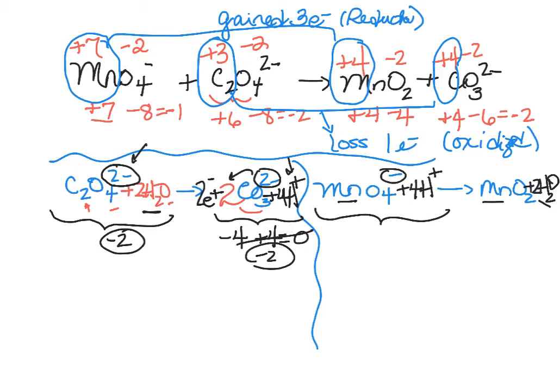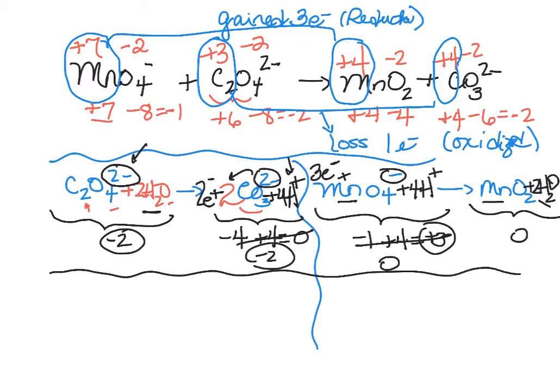The charge on the reactant side is -1 plus 4. So altogether it's +3 on the reactant side. On the product side, there's no charge. Nothing has a charge there. So I need to add 3 electrons to the reactant side. And that gives the reactant side a net charge of 0 now. All right, so everything's balanced in both of them now.